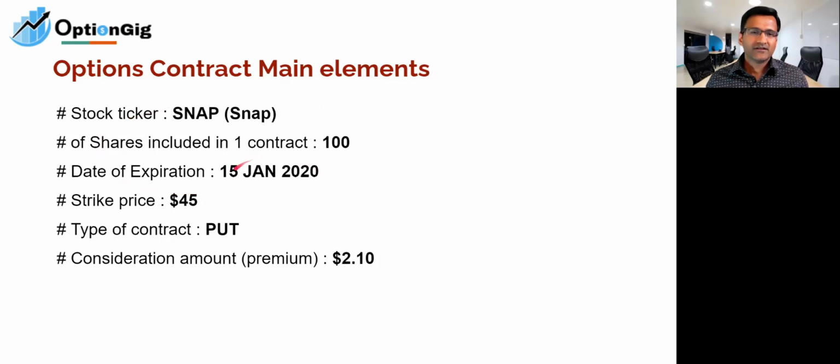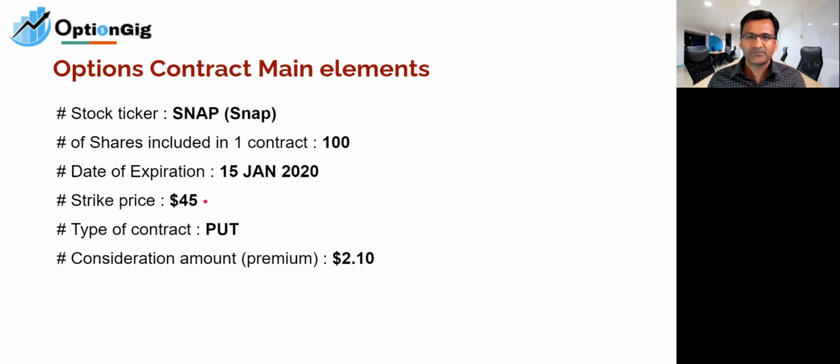Date of expiration: how long is this contract valid? What is the strike price? In the house case, it was $500,000. In Snap, if you want to enter into an option contract at 45, you could choose to enter at 45. It doesn't really matter where the stock is currently trading in the market.